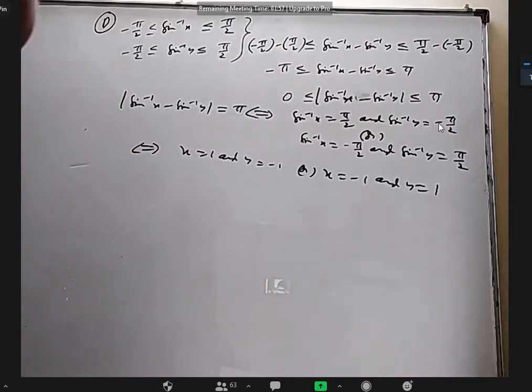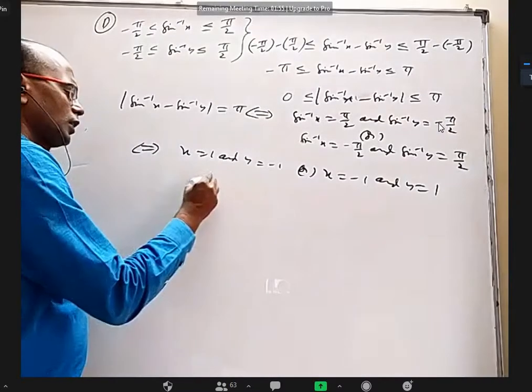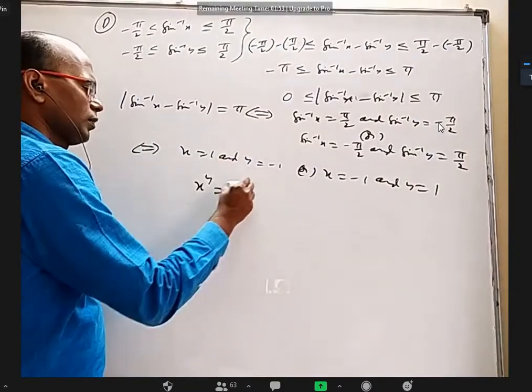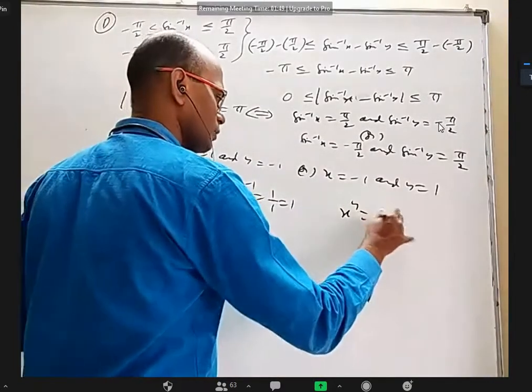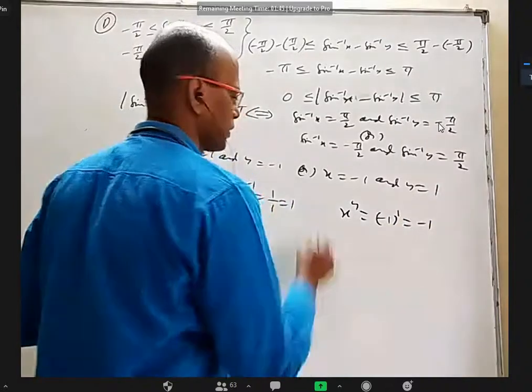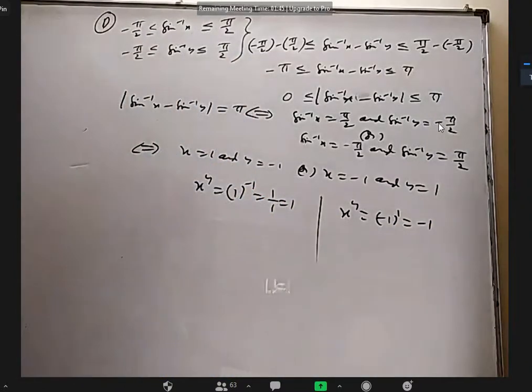And now they want x power y. X power y here will be 1 power minus 1, which is 1 by 1, which is 1. Here x power y is minus 1 whole power 1, which is minus 1. So x power y can be 1 or minus 1.